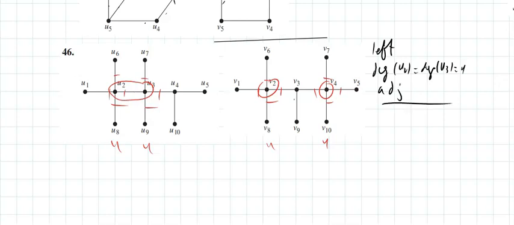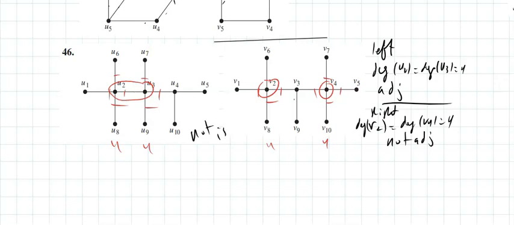But here there's no way of making this connection. On the right, v2 and v4 are 4, but they're not adjacent. So this is not isomorphic. And that's pretty much it for this section.